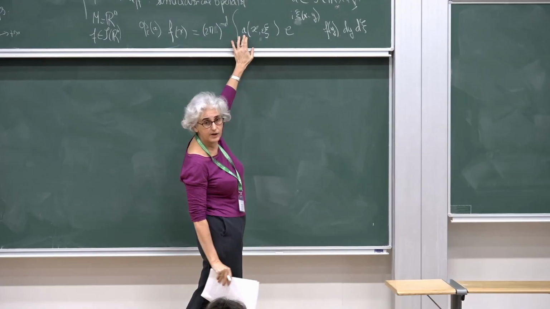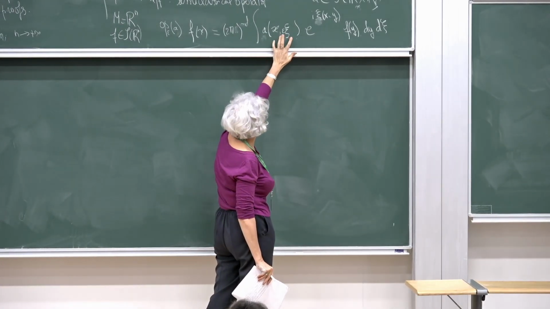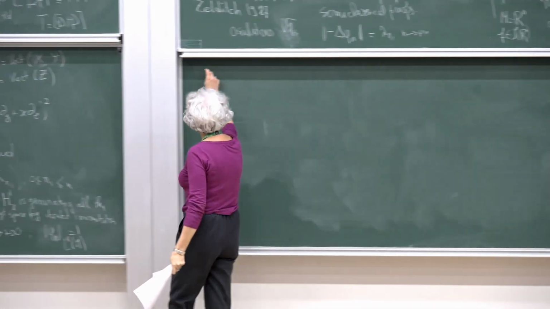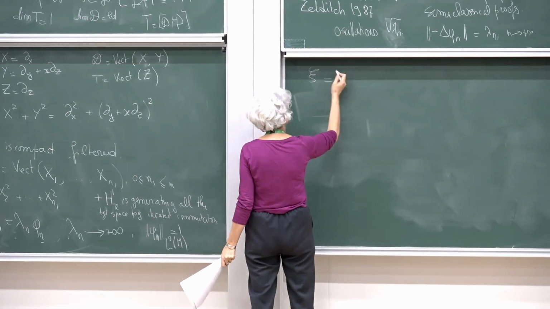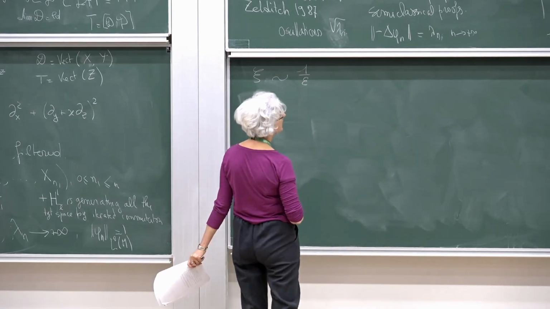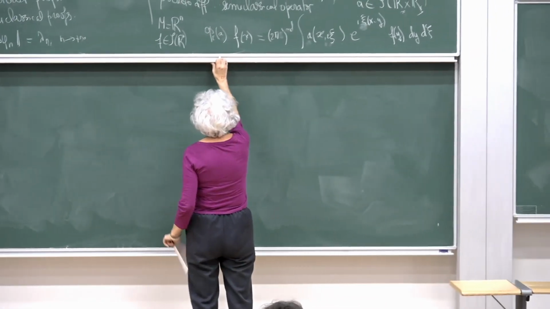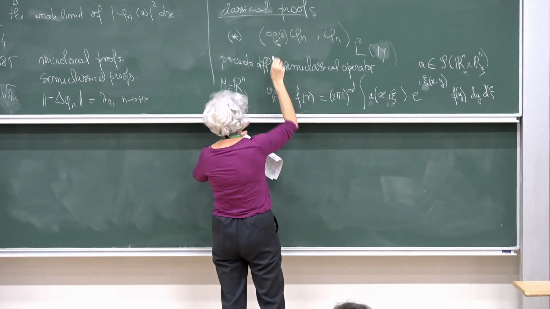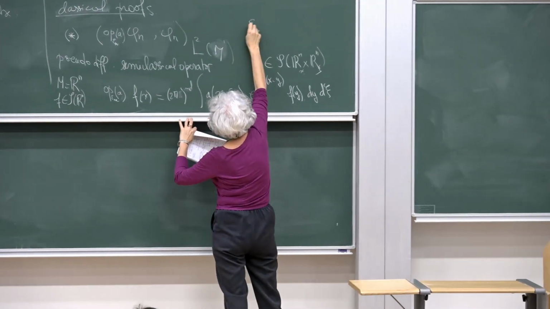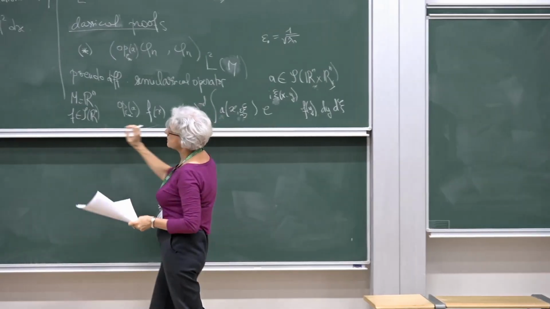You can think that you take a completely supported in this variable psi, and it means that you are looking exactly at functions which are oscillating like 1 over epsilon. So for this problem, what is selected as epsilon is exactly epsilon_n equal to 1 over square root of lambda_n, which is the size of the oscillation.